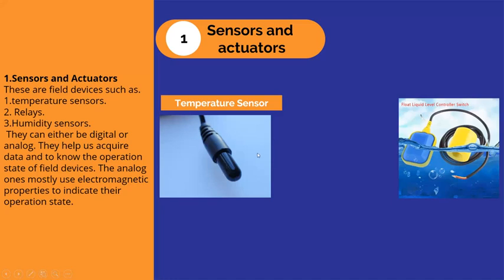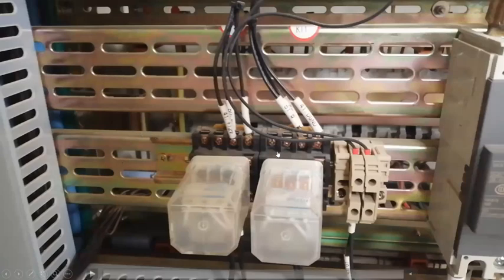Also, they help us indicate the state of our field devices. These sensors are connected together with the RTU, and the RTU is connected to the human machine interface. This is an example of a relay.